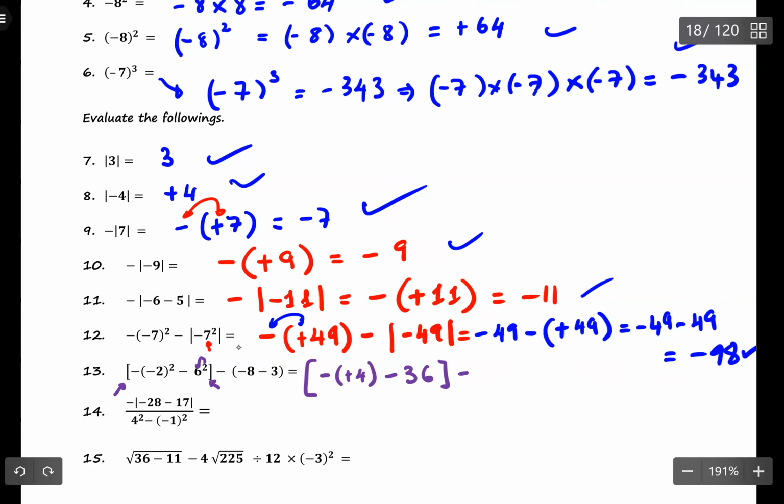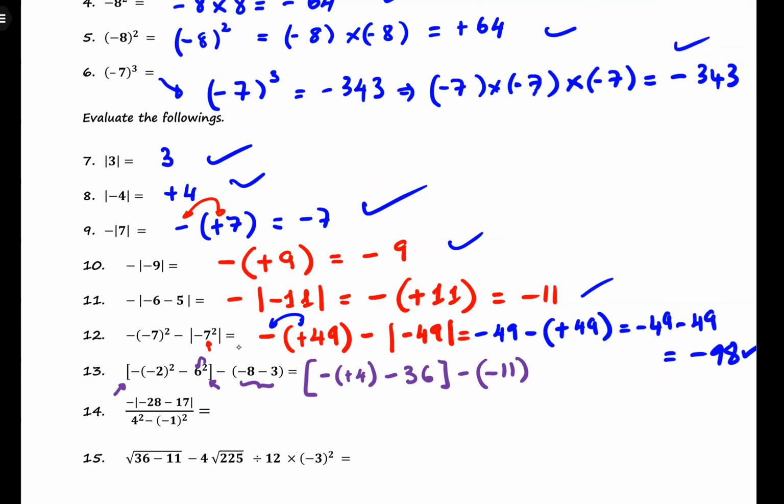And I subtract that with, let's do this in the bracket first. I should have -11. So then I should have it as, using your calculator in this case, I would like everyone to use a calculator, and you can put in negative bracket +4, subtract 36, and subtract bracket -11. Just use your calculator.